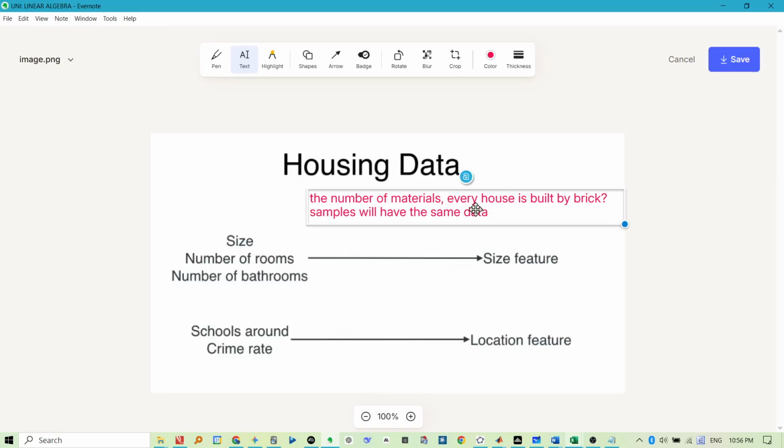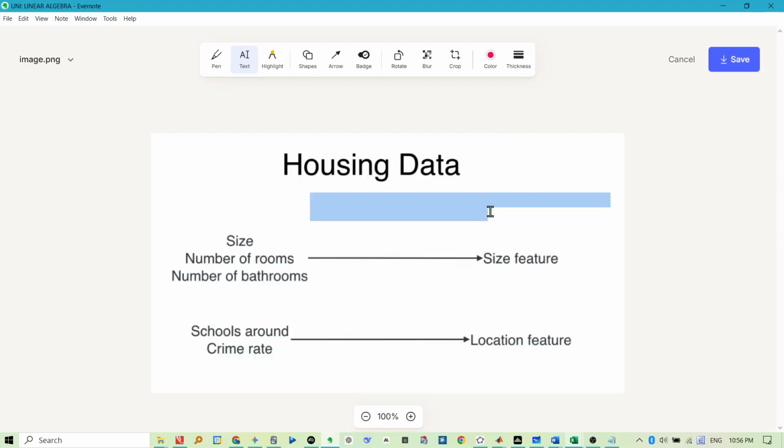Okay, but what if we describe a house by the size? Not every house will have the same size, so we will have more variation, which means we will have more information if we describe a house by size.